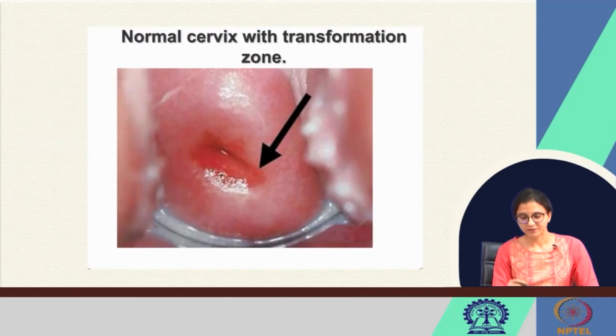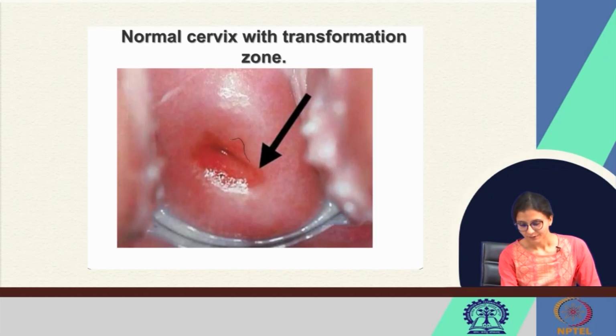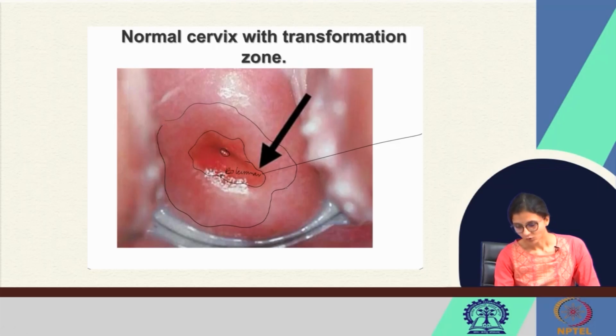We have pictures here. This is a normal cervix, this is the inside, this is the new squamocolumnar junction, this is the external os, this is the endocervix or the columnar cells, this is the new squamocolumnar junction, and this pink line here outside is your old squamocolumnar junction.